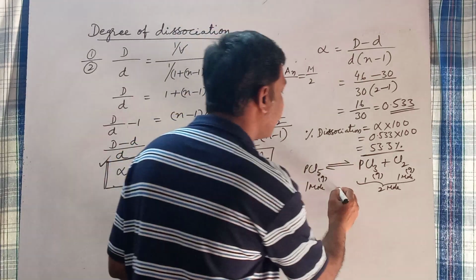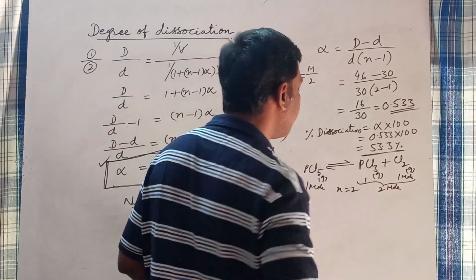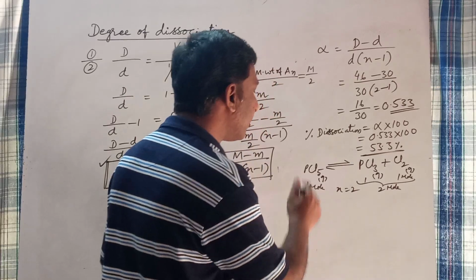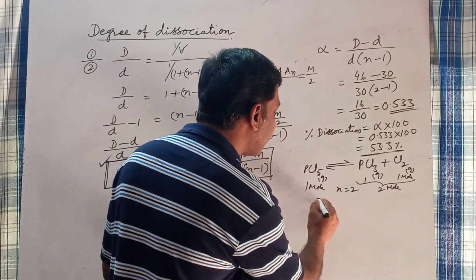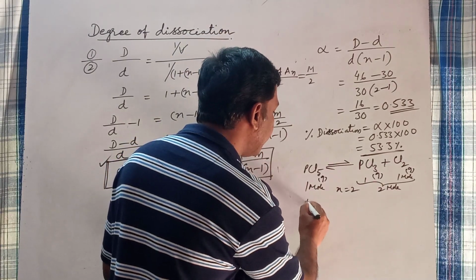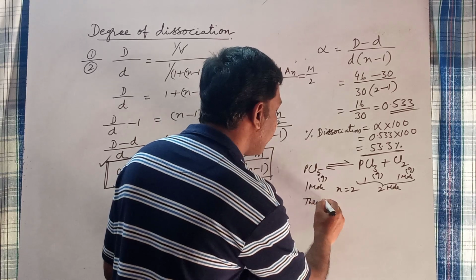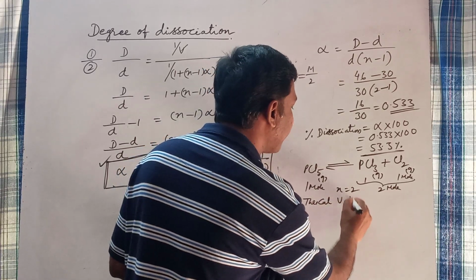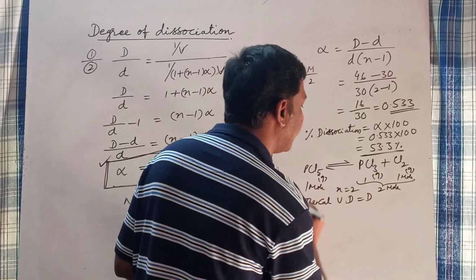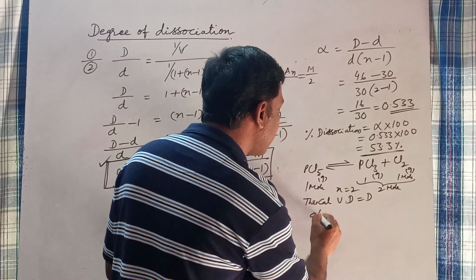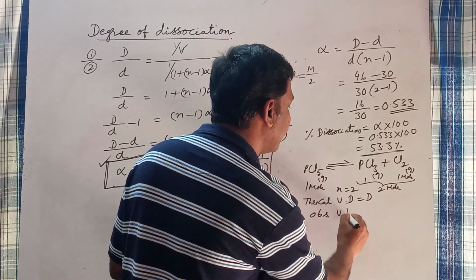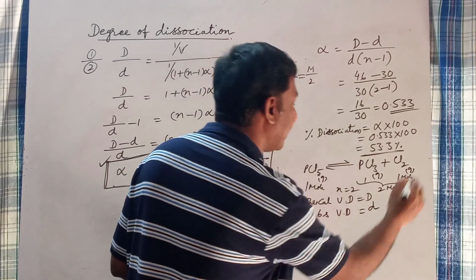Here n value equals 2. So the theoretically calculated vapor density equals capital D, and the observed vapor density value at equilibrium state is small d.